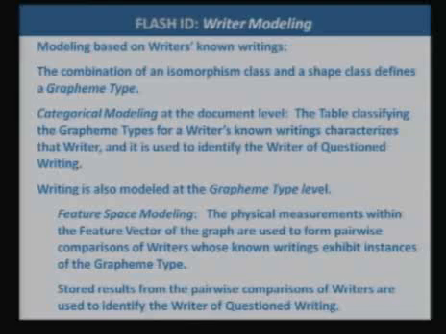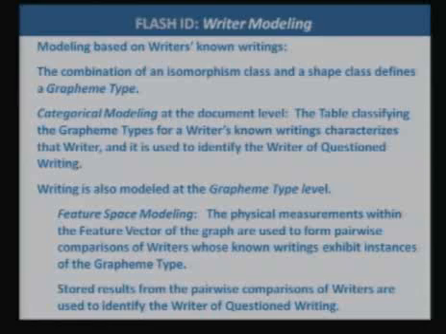And in some of our applications, we use that frequency table of grapheme types in order to do writership identification for a question document. Although when I talk about Flash ID, I'll talk about a different kind of modeling. That's modeling within the grapheme type level, again, where writers are most alike, and it's feature space modeling.